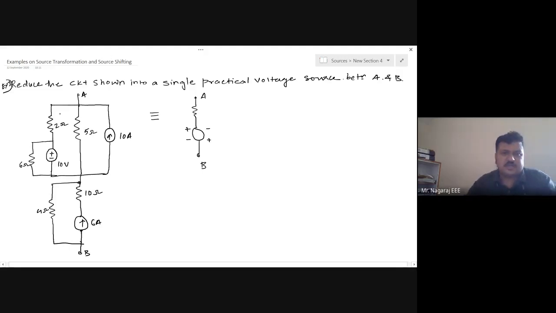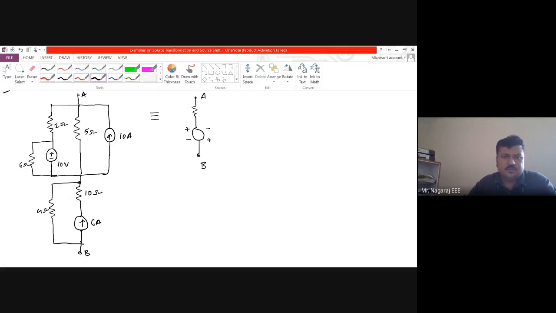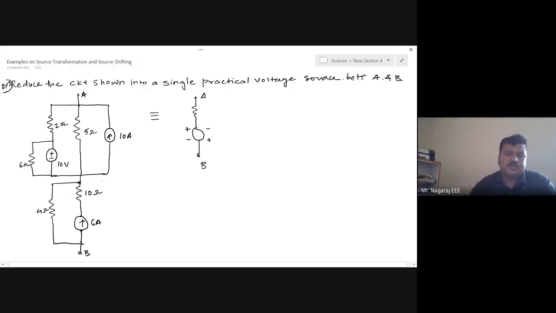In this particular circuit, there are some redundant components which I have to take out from the circuit.